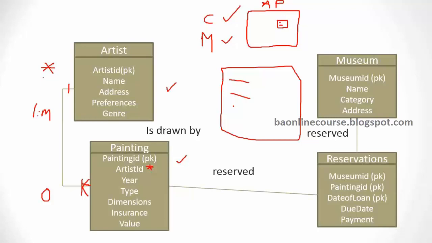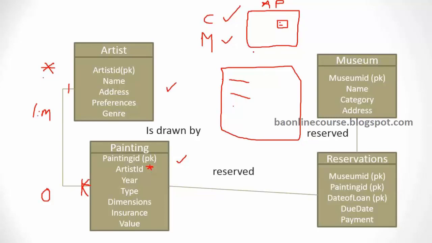But that's a business requirement, I guess. So we can have an artist saying unknown or something like that. There are a lot of paintings whose artists are unknown, but they are valuable. Somebody might own that, so that's where the rule comes in.